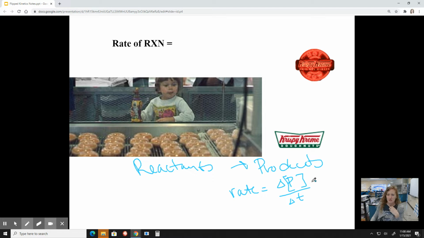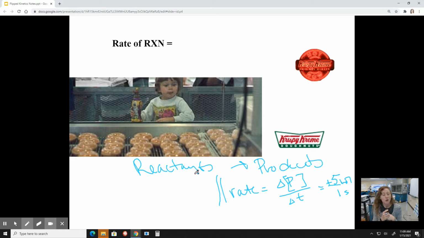That would be one way that we could look at the rate. So if 5 moles of our product are being made every second, our rate would be a positive 5 moles per second, moles per liter per second, right? We could also look at rate in terms of the reactants, much like a donut factory.